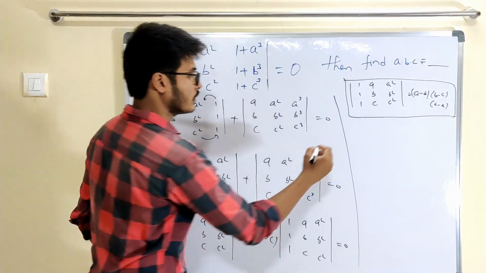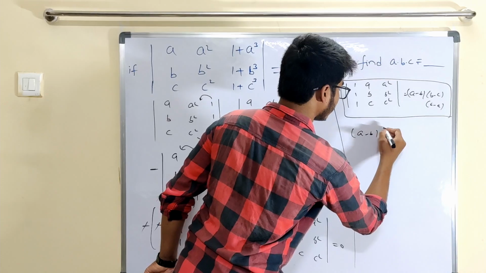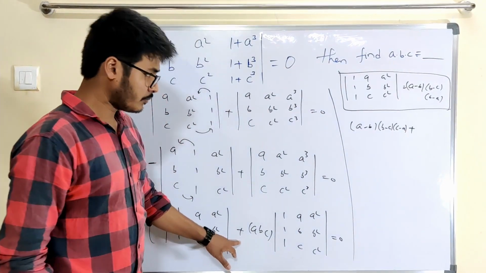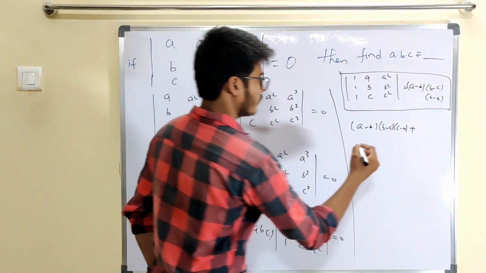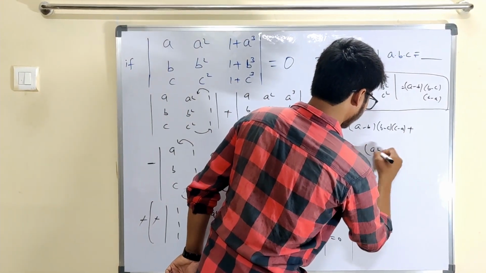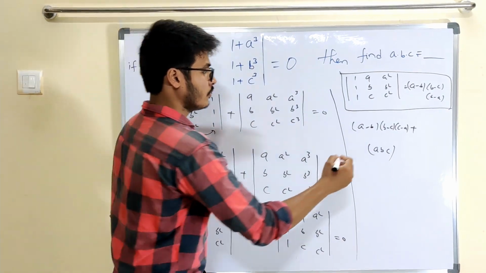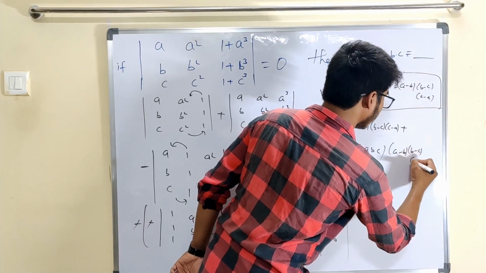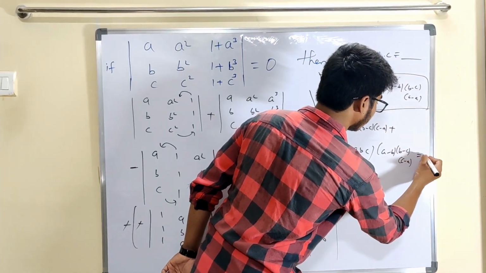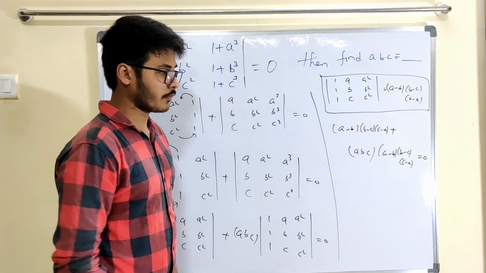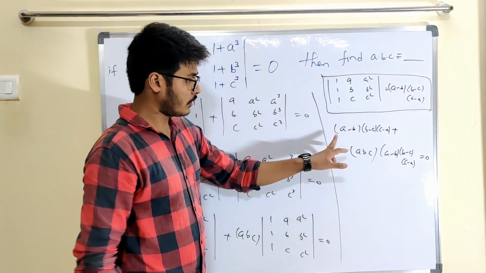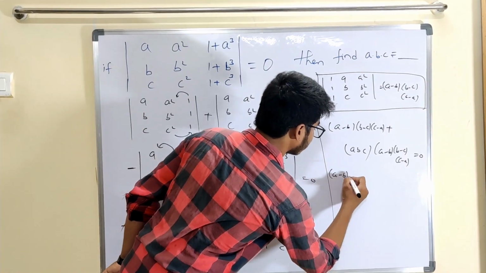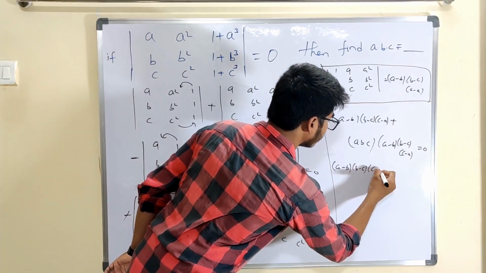So the determinant for this is (a minus b) into (b minus c) into (c minus a), plus again abc into (a minus b) into (b minus c) into (c minus a), is equal to 0. Now in these two we take common (a minus b) into (b minus c) into (c minus a).